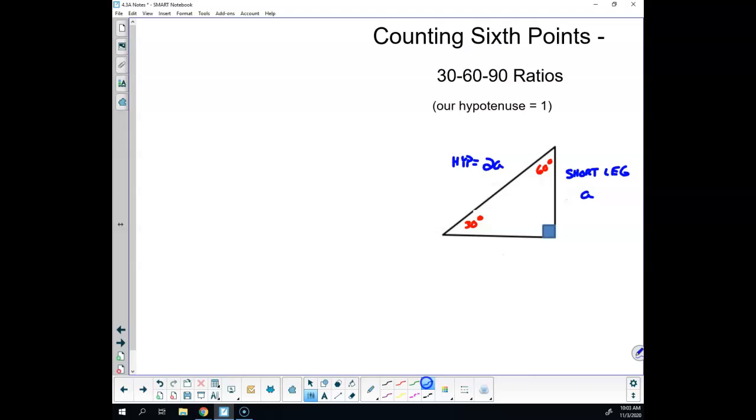And the long leg is A times the square root of 3. Okay. That's our 30, 60, 90 ratio.